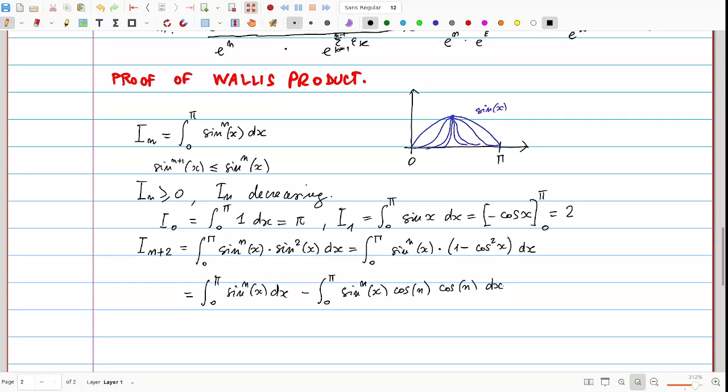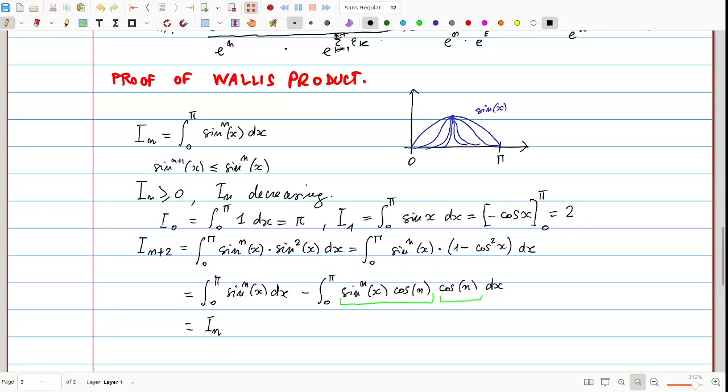We write like this because now this looks like the derivative of sine to the power n plus 1. So this can be integrated, and this can be differentiated, and so we can use the formula of integration by parts. So the first term, this one, is In.